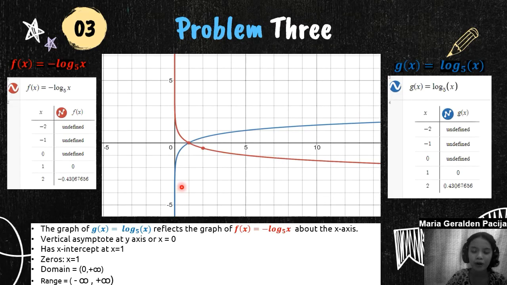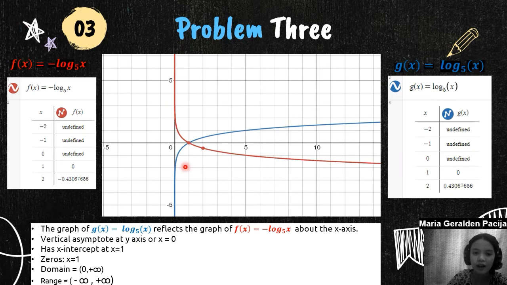Now for problem 3, our graph of g of x equals log of x with a base of 5 reflects the graph of f of x equals negative log of x with a base of 5 about the x-axis.